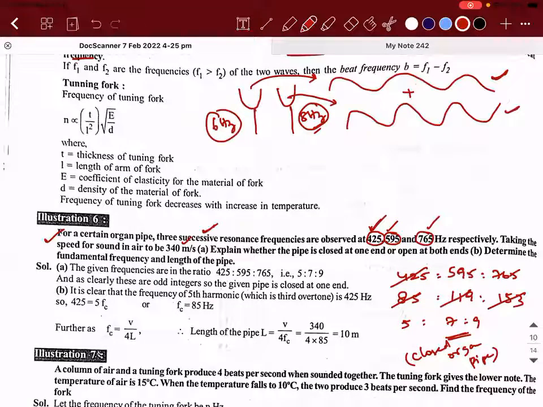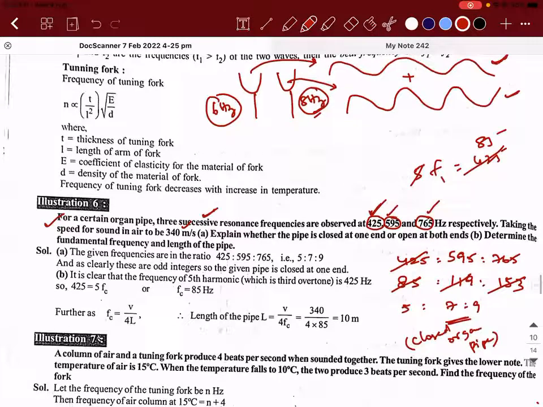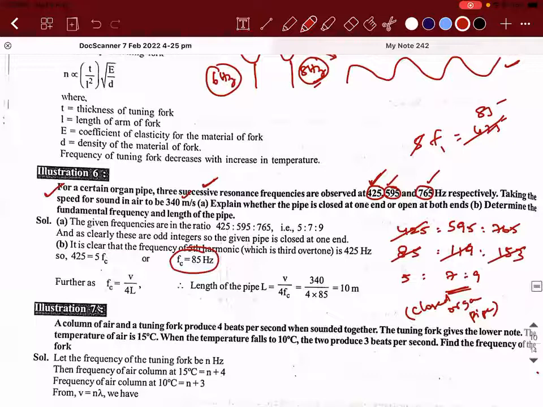Fifth harmonic is 5 times the fundamental frequency, which is 425. So how much will you get? 85. So the fundamental frequency is 85 hertz. And they're asking you the length of the pipe. So fundamental frequency is equal to V divided by 4L. So from here you can find the length. And generally the speed of sound is also given. So 340 divided by 4L is 85. So find the value of L from here. It comes out to be 4. Is this problem clear?